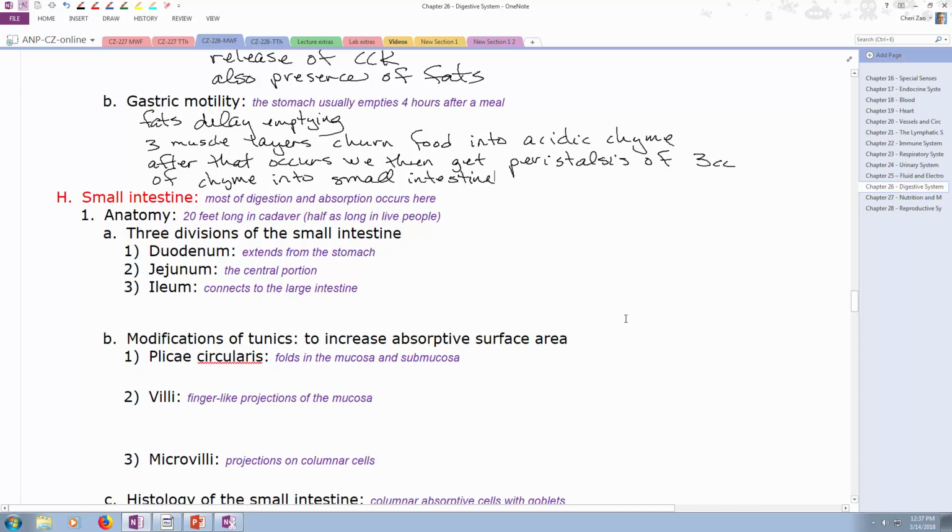Small intestine, most of our digestion and absorption occurs here.